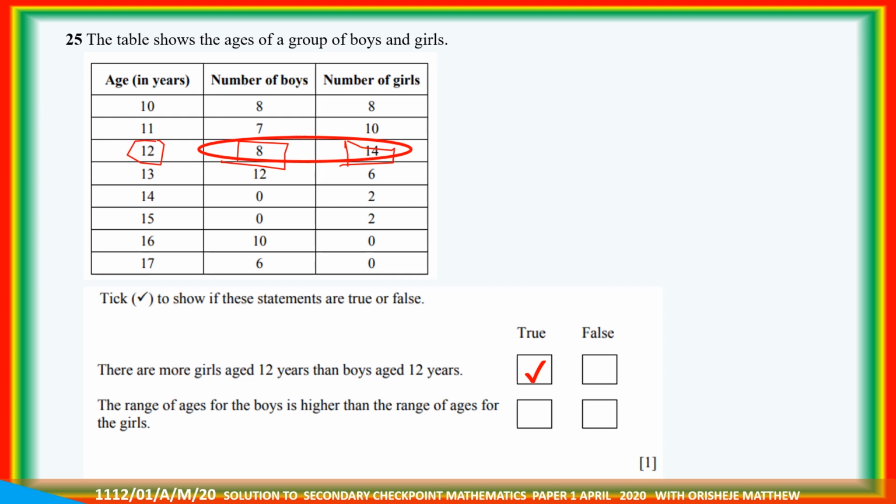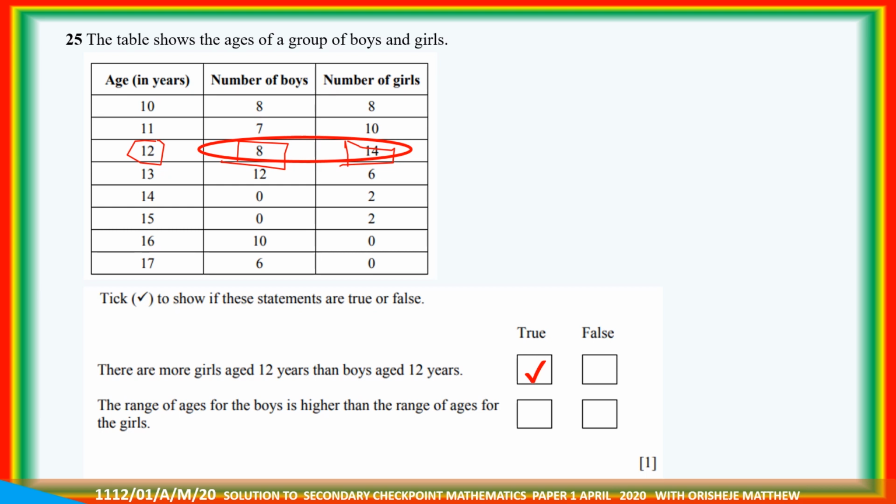Okay, so let's look at the boys. The ages of the boys in the data used here range from 10 years to 17 years. If you look at the girls, none of the girls is 16 years old, none of the girls is 17 years old.